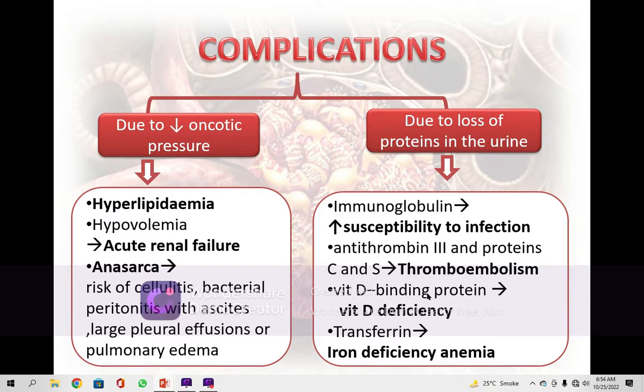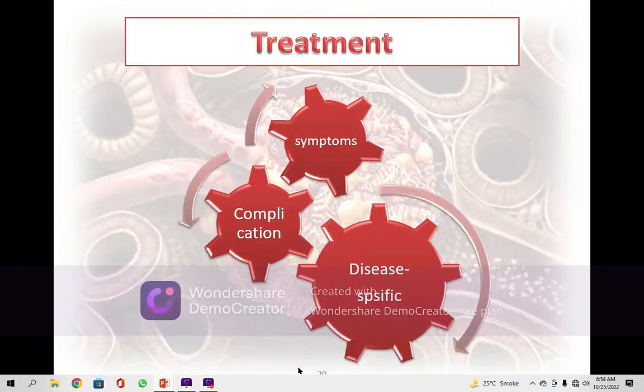Vitamin D binding protein is lost, which causes vitamin D deficiency. Transferrin loss will cause iron deficiency, and thyroid hormone binding proteins will cause hypothyroidism. In the same patient, the other proteins which are necessary for binding will also be lost.